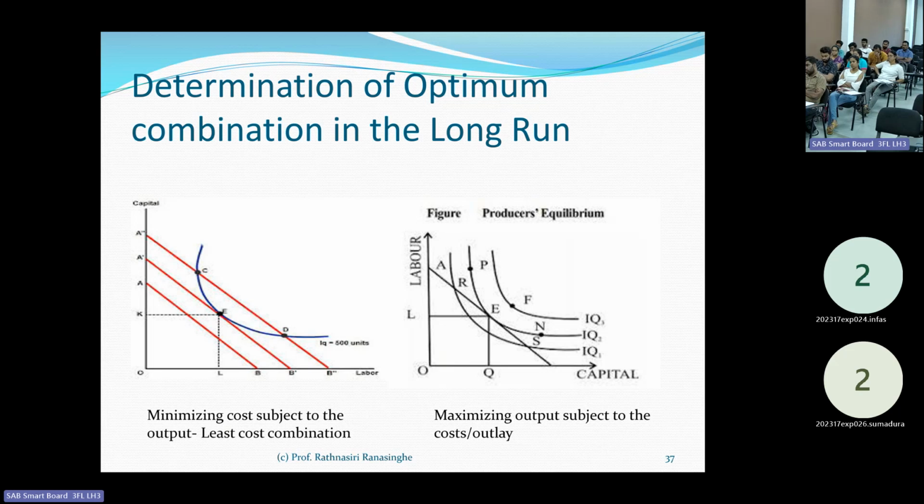You have a given level of cost, like we mentioned in the previous one, say a total outlay of 100,000. That is the constraint function, and subject to that we are trying to maximize the output.